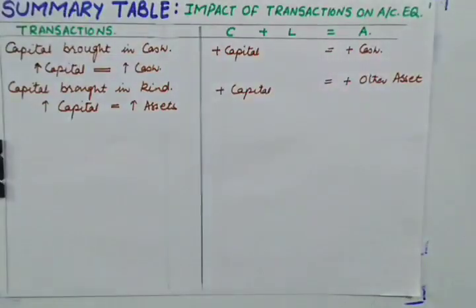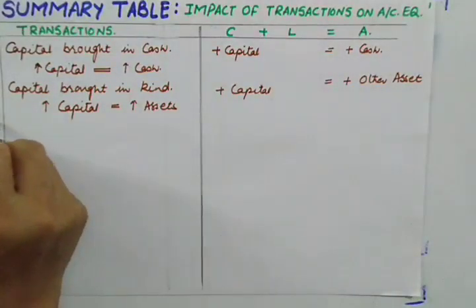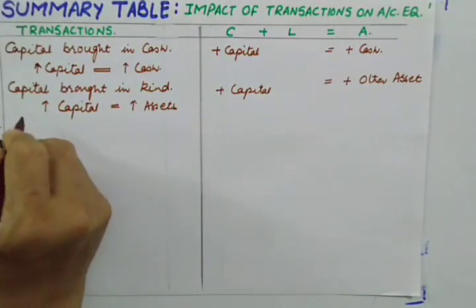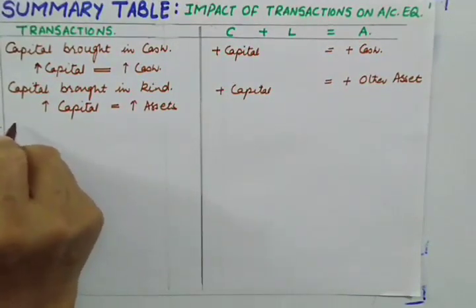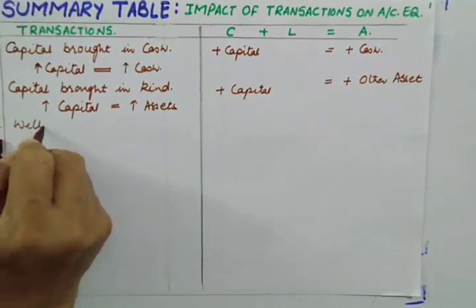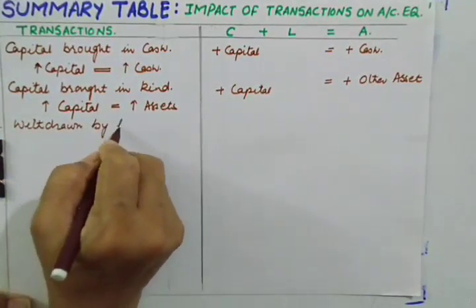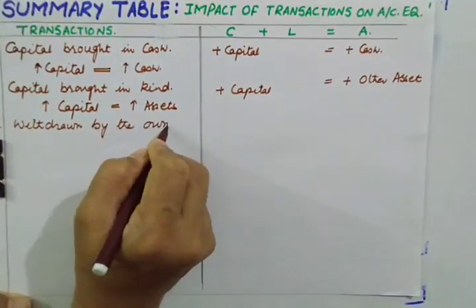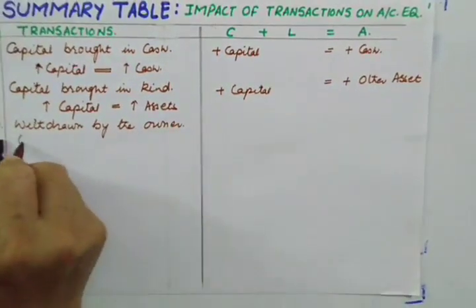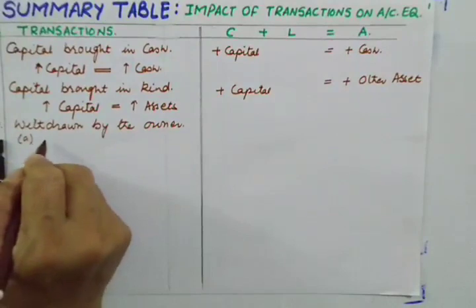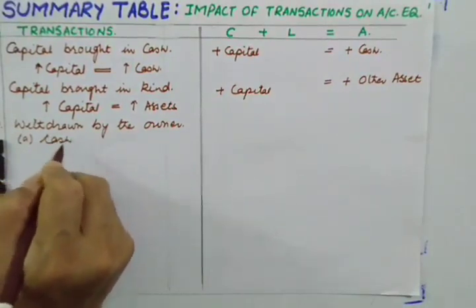Let us study the next case, transaction 2, withdrawn by the owner. Again, in the first case I am assuming that he is withdrawing in cash.